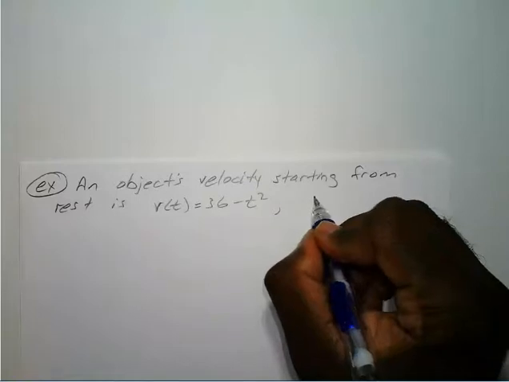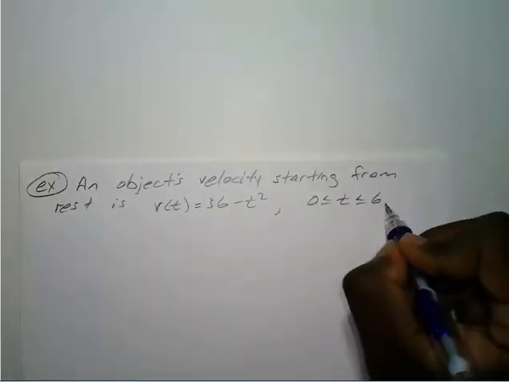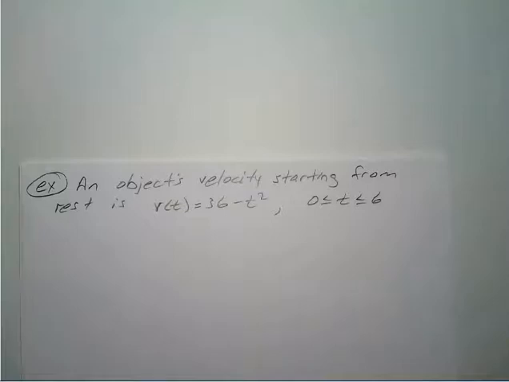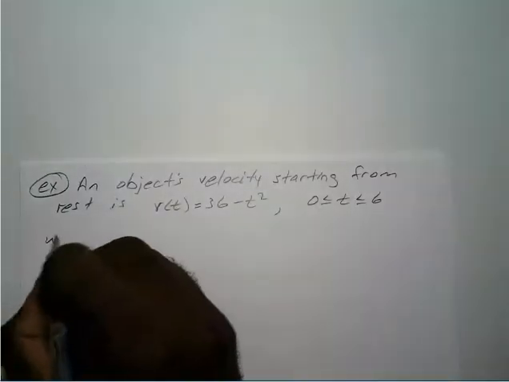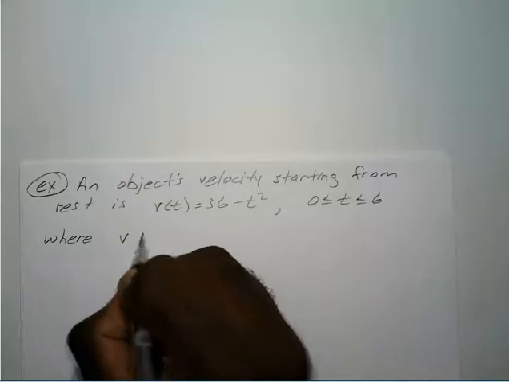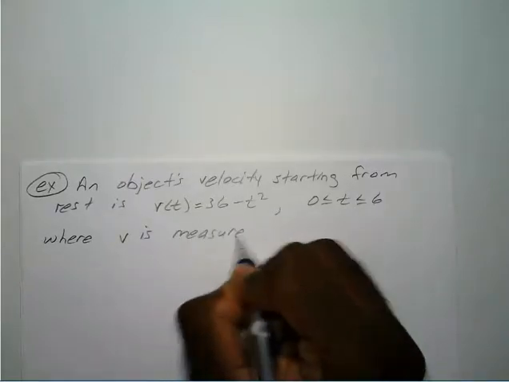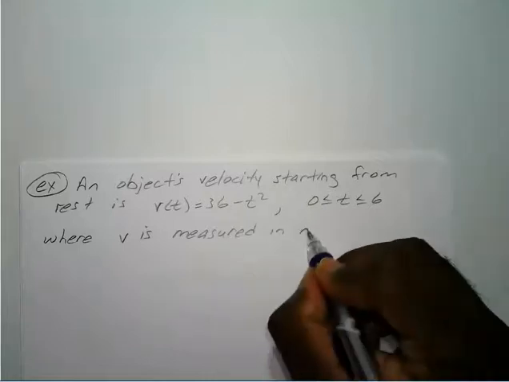And we know that t is between 0 and 6. And that's where your velocity function is measured in meters per second.